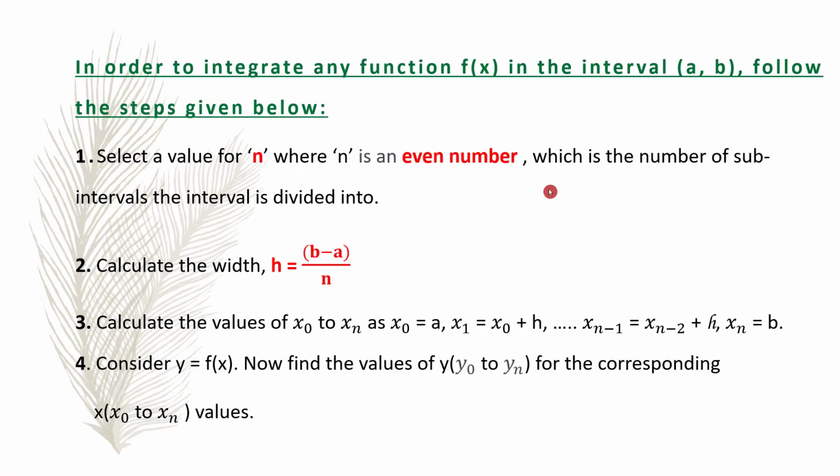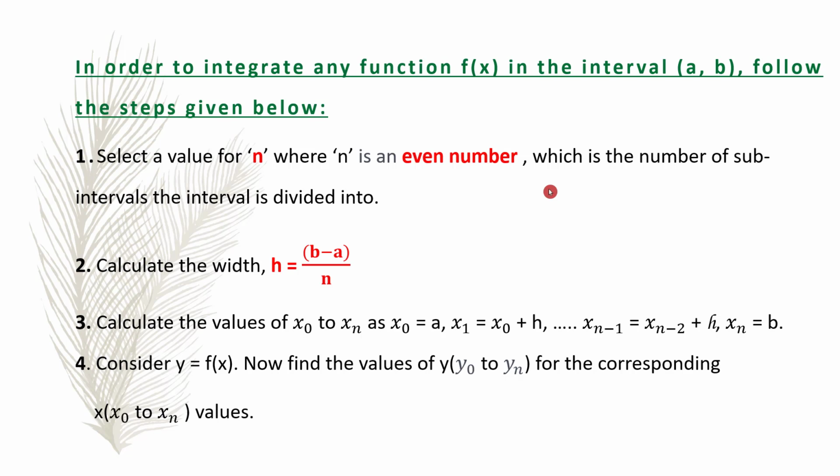Here is the step-by-step procedure to integrate any function f(x) in the interval a to b. The first step is to divide the interval a to b into n subintervals of equal length, where n is an even number. The subintervals will be x0 to x1, x1 to x2, till xn-1 to xn.